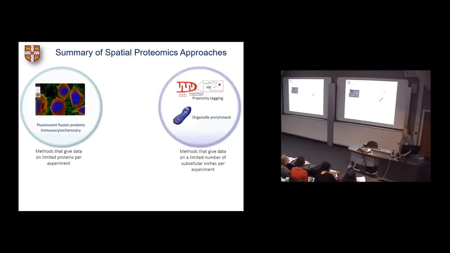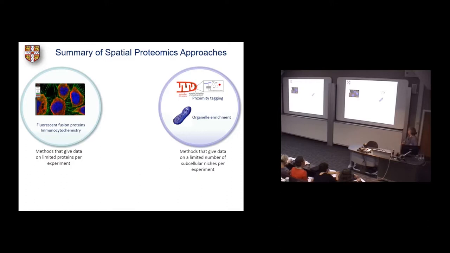Another set of methods which are gaining popularity are to use proximity tagging methods. So here your question is going to be a little different. Rather than the question being, here's my protein, I'm fascinated by GAPDH, where is it? This question is, I'm fascinated by this particular subcellular niche, and I want to know all the proteins that are present in it.